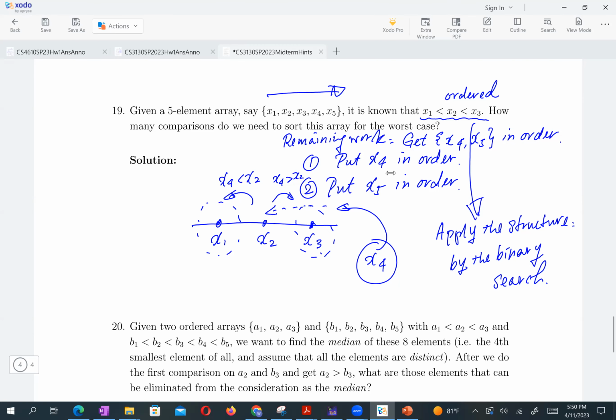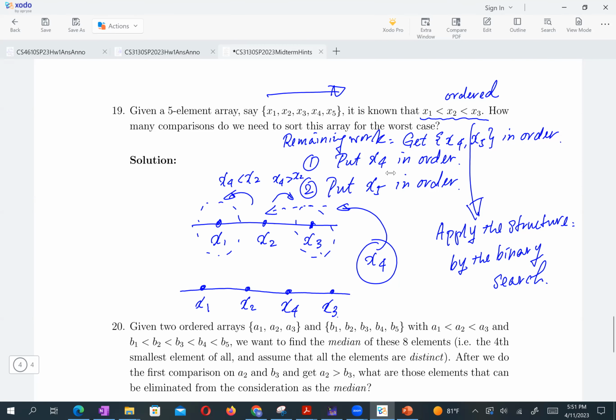Then step number 2. Here we can assume x4 has been put in place after a certain number of comparisons. Here we can assume just one special case, but this case is quite representative, right? You may have a few other cases, but essentially they have a similar structure.